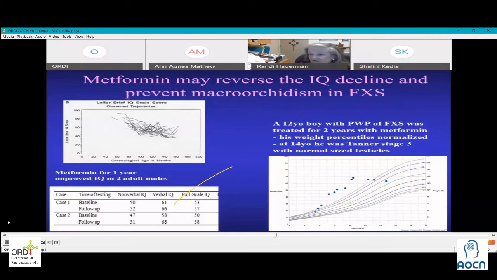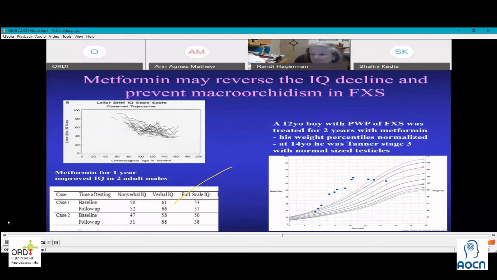As most of you know, testicles can be enlarged in individuals with Fragile X syndrome after puberty, and that's called macroorchidism. We also know that IQ can decline over time in individuals with Fragile X syndrome. It's not that they lose skills, but their benefit in terms of cognitive development becomes more and more distant from the normal range over time.